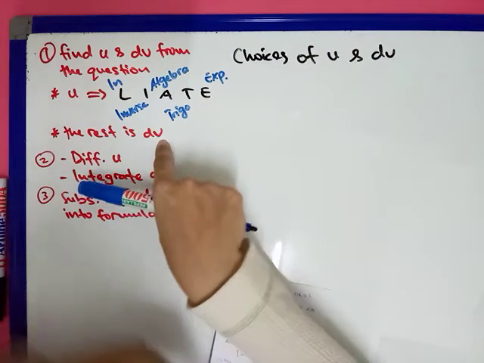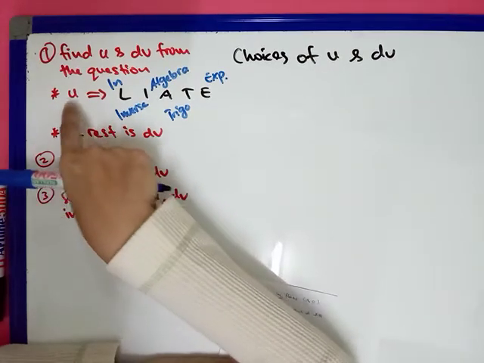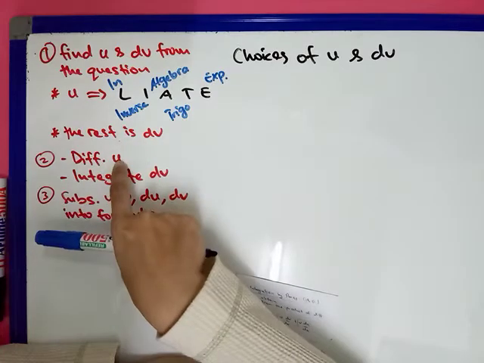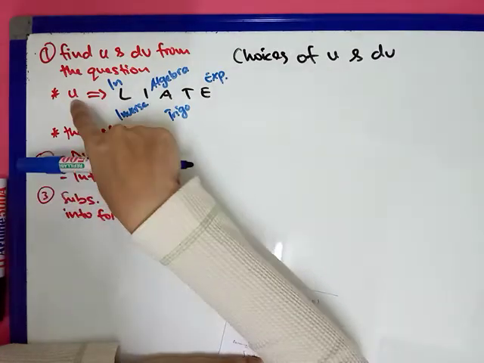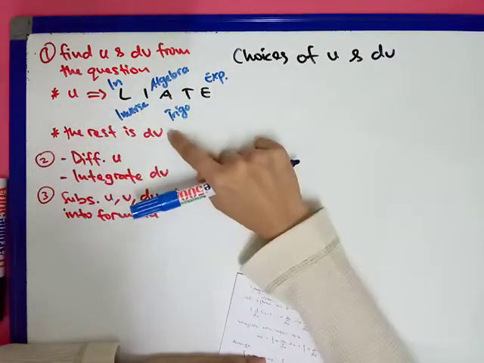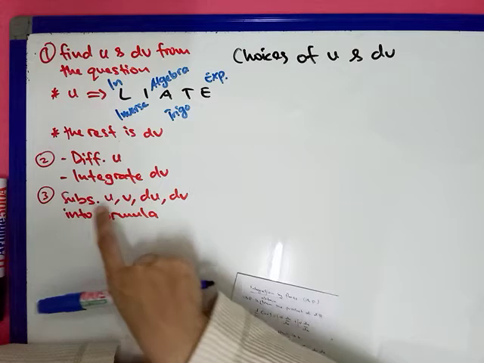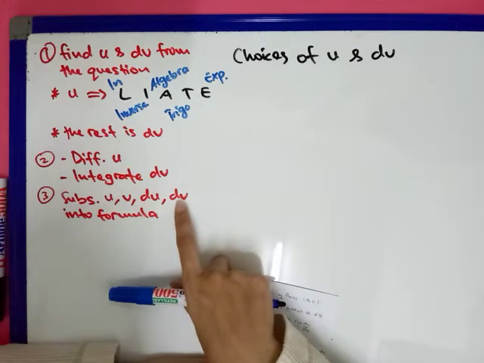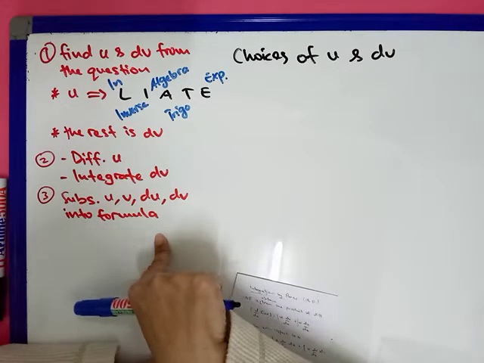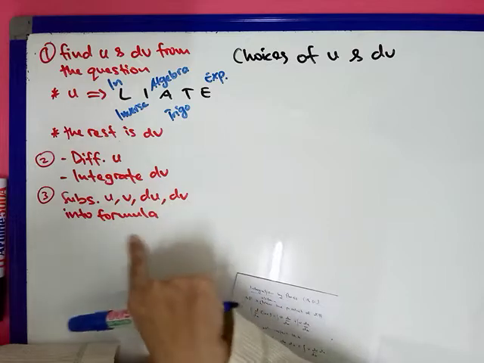Second step, after you have done let U and dV, for U, you need to differentiate. For dV, you need to integrate. And then you need to substitute U, V, dU, dV into the formula.